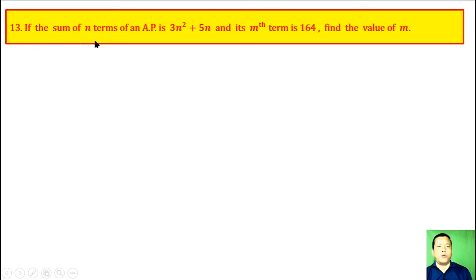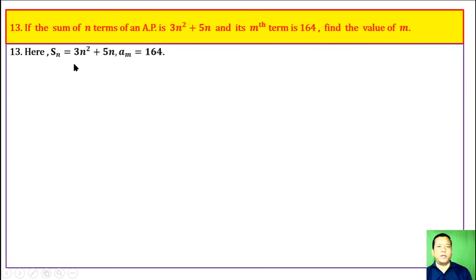Question 13. If the sum of n terms of an AP is thrice n square plus 5n, and its mth term is 164, find the value of m. Here Sn is given as thrice n square plus 5n, and its mth term is given as 164. Therefore, S1 is obtained when n is given 1, we get 8.